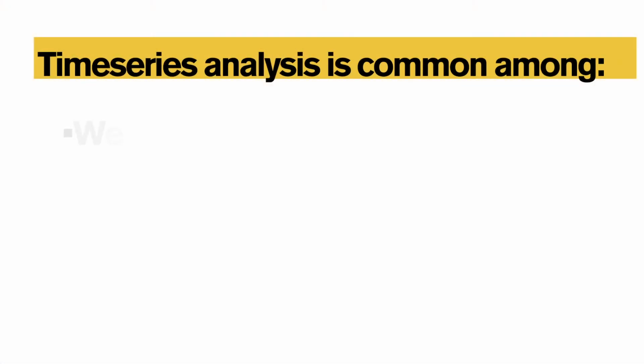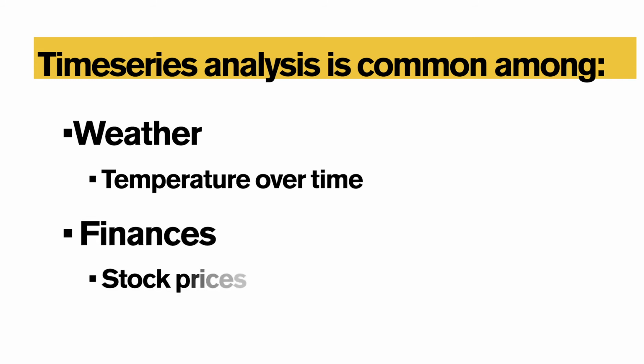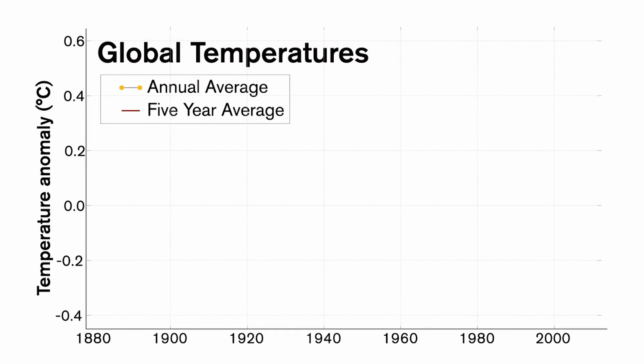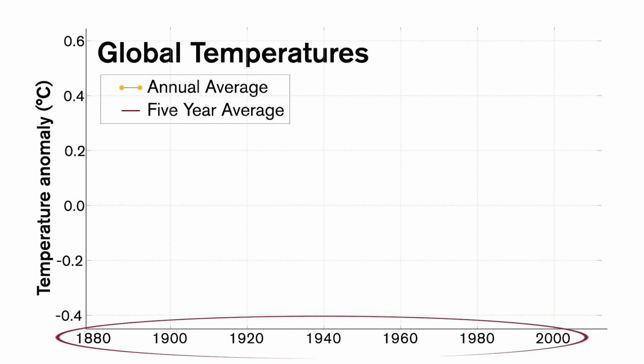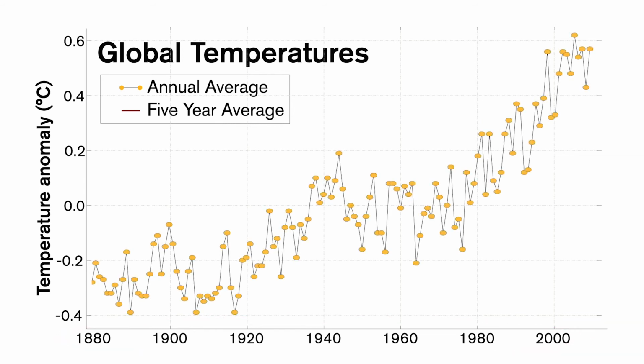Last but not least, time series analysis. Weather is very commonly a time series analysis, temperature over time, and another big time series category would be finances or stock prices. Time series analysis is self-explanatory. You're trying to look at things over time. A big component of time series analysis that is often taken into consideration is cyclical patterns.